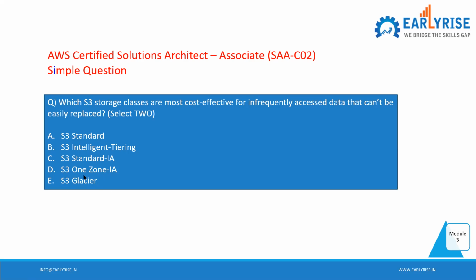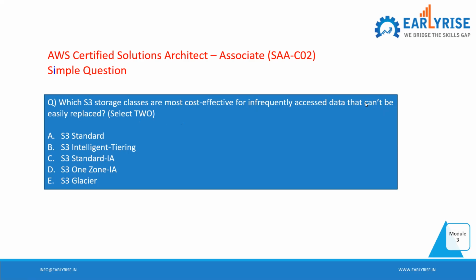What happens in One Zone IA? Data will be stored in only one zone. If the zone is lost, what will happen? Data will be lost, right? Is that data critical? It cannot be easily replaced. It is critical.